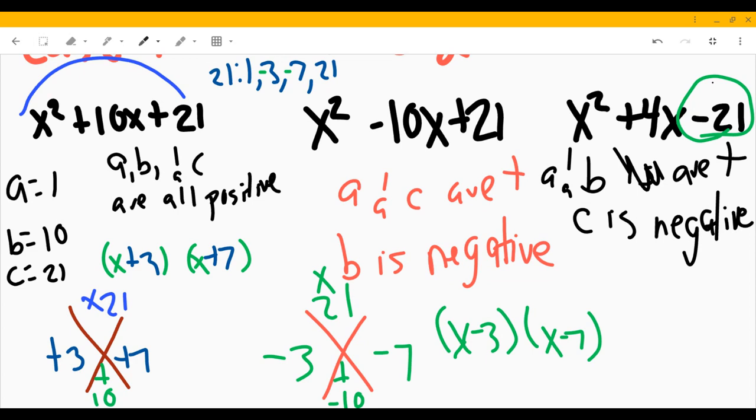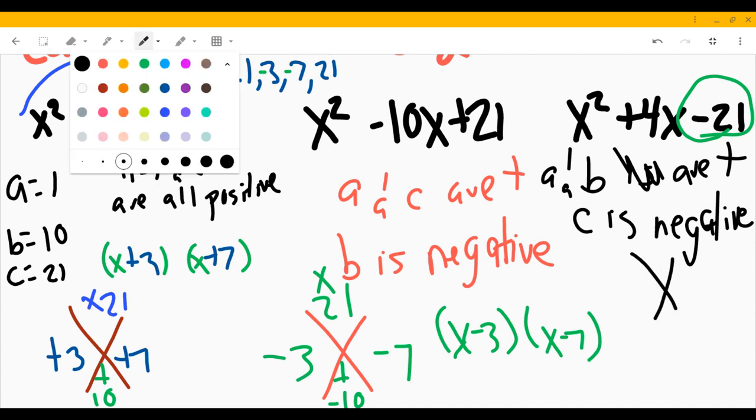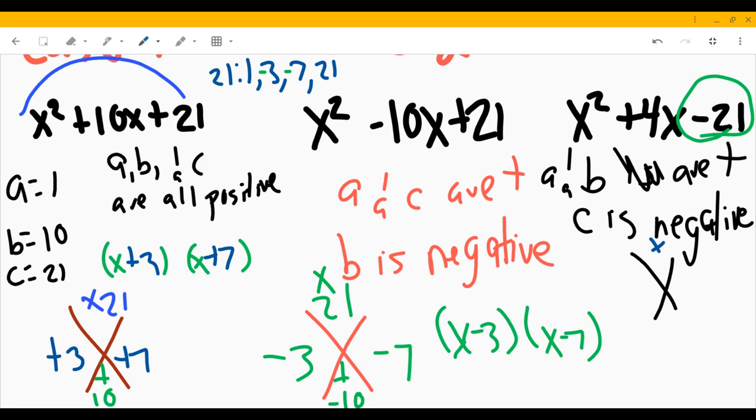So if c is negative, that means one value is going to be positive and one value is going to be negative. So what two numbers multiply to negative 21 that add up to 4? So if you see here that the b value is positive, I know that the positive number is going to be larger because there's more positives than negatives.